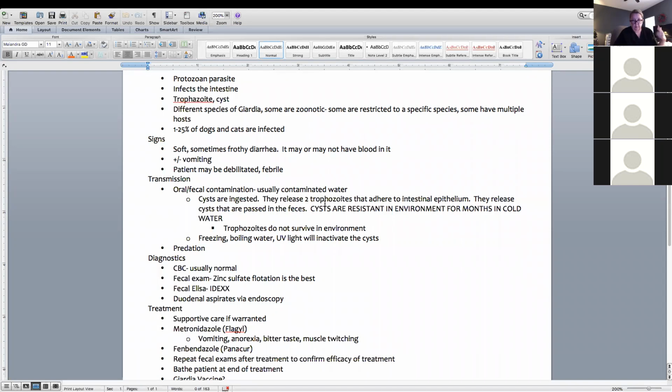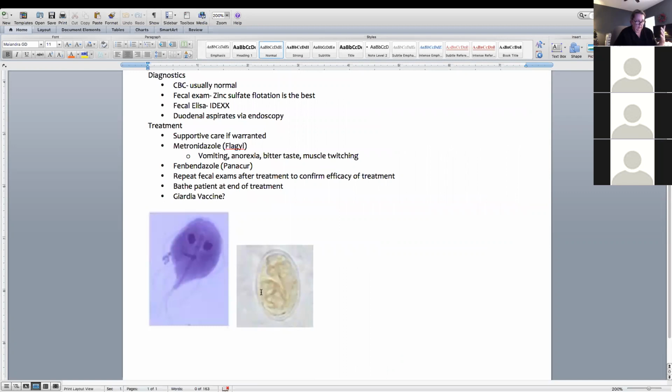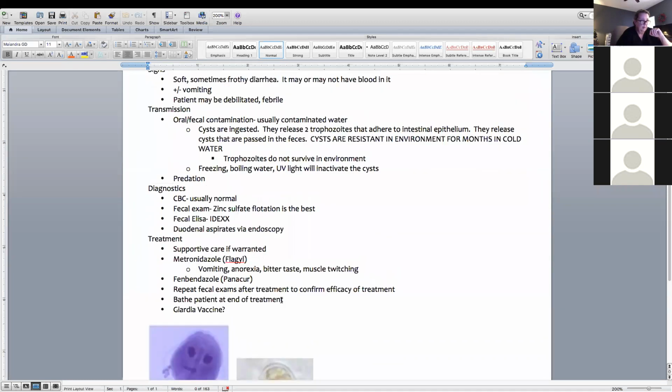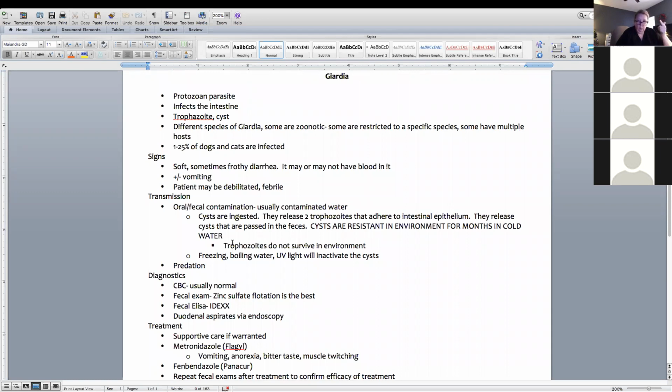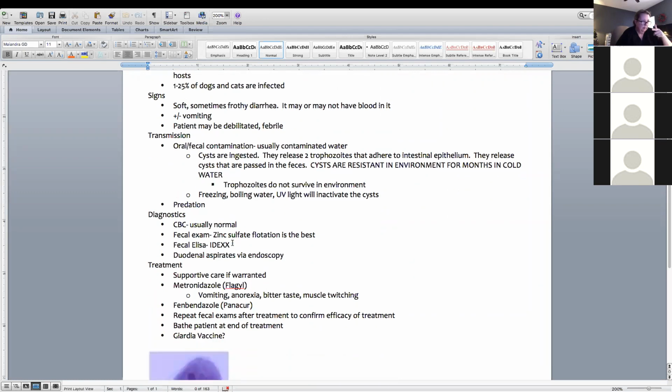So typically when we look on a fecal, you're looking for the cyst. If I look down here at the bottom of this handout, there's a cyst form, and here is a trophozoite. It looks like it's got a face with little hands, but the one on the left is what usually attaches to the intestine, although sometimes they will shed those, but we're usually looking for the cyst formation.